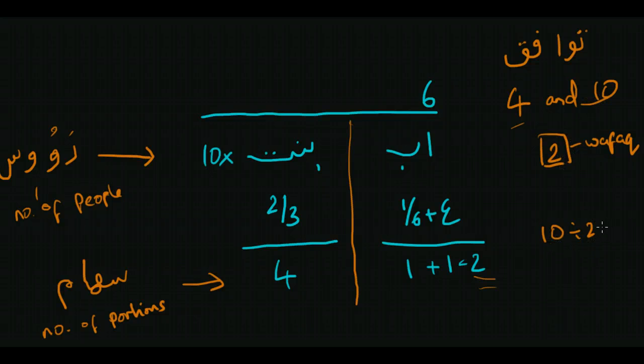So 10 divided by 2 is 5, and this is known as the wafaq of 10. It gets confusing because 2 things are known as the wafaq. We've got the wafaq of 4 and 10, which we learned previously was 2, and we've got the wafaq of just 10, which in this situation is 5.